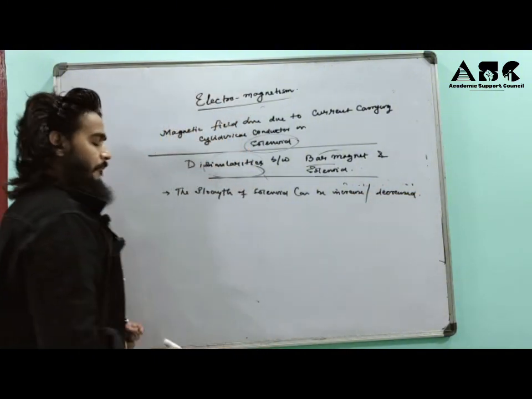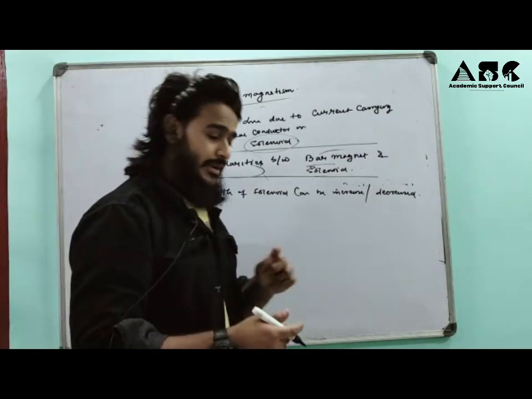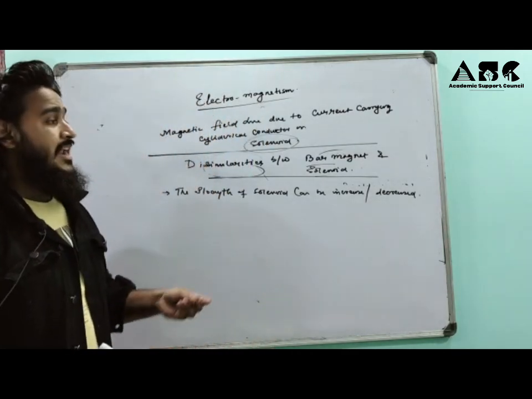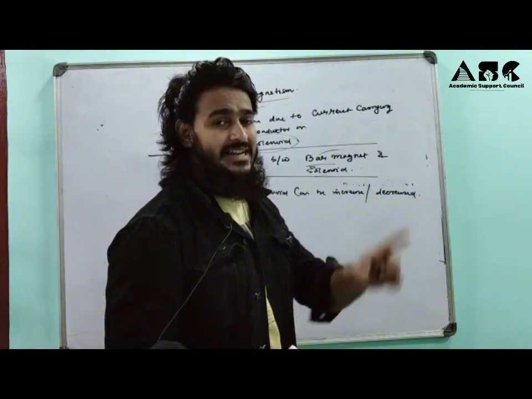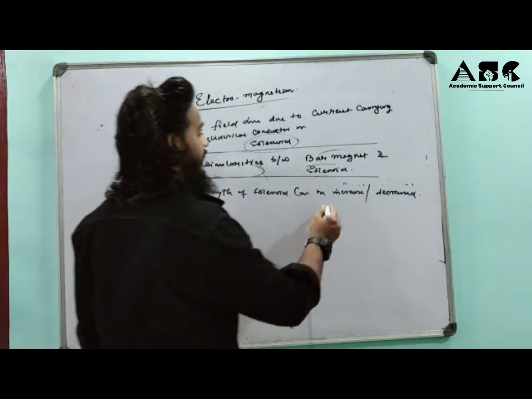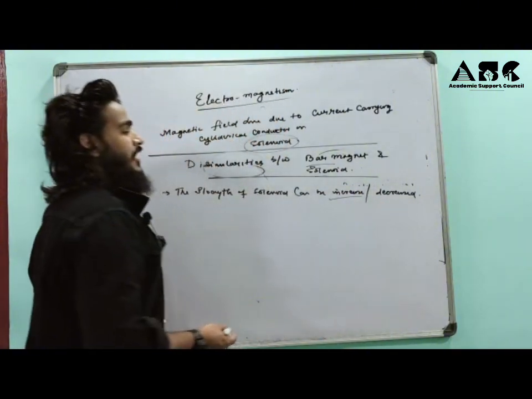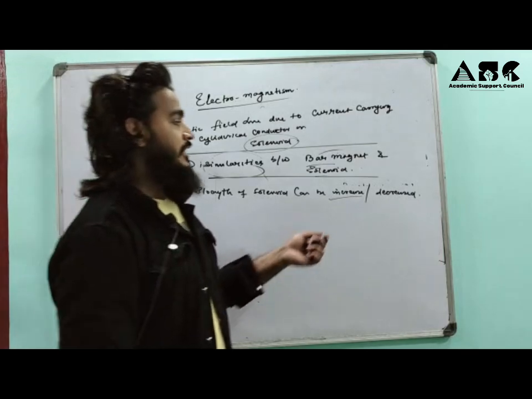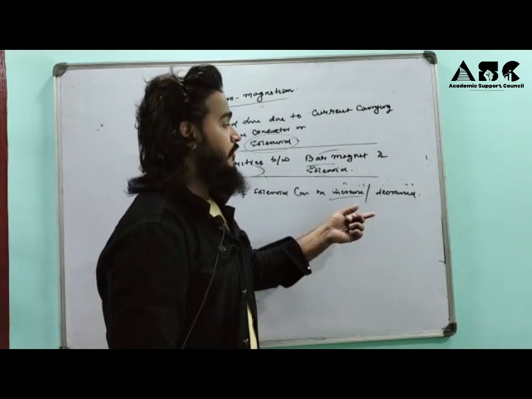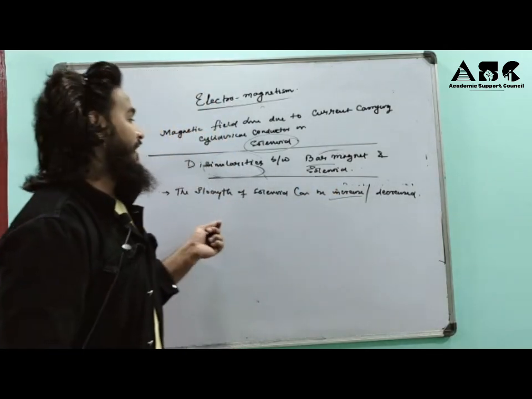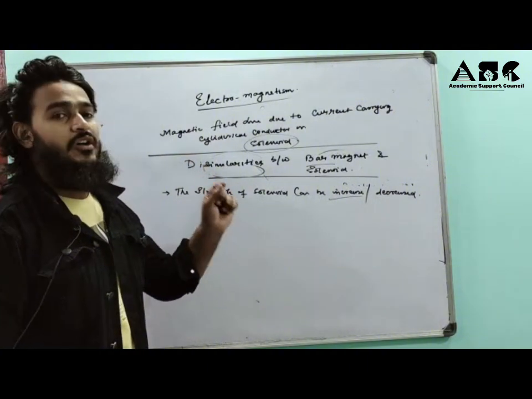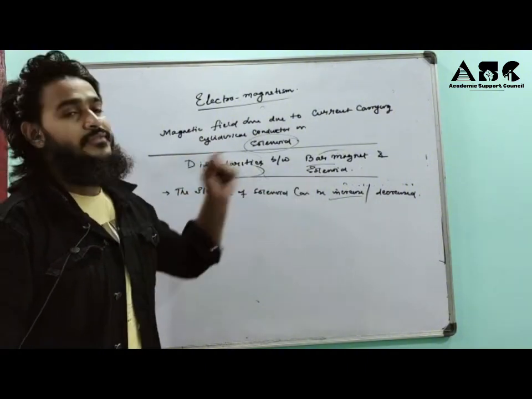We already know that by increasing the strength of the current, by increasing the number of turns, and by placing a soft iron inside the solenoid, we can increase the strength. Similarly, if we decrease the strength of the current or decrease the number of turns, then we can decrease the strength of the magnetic power of the solenoid.